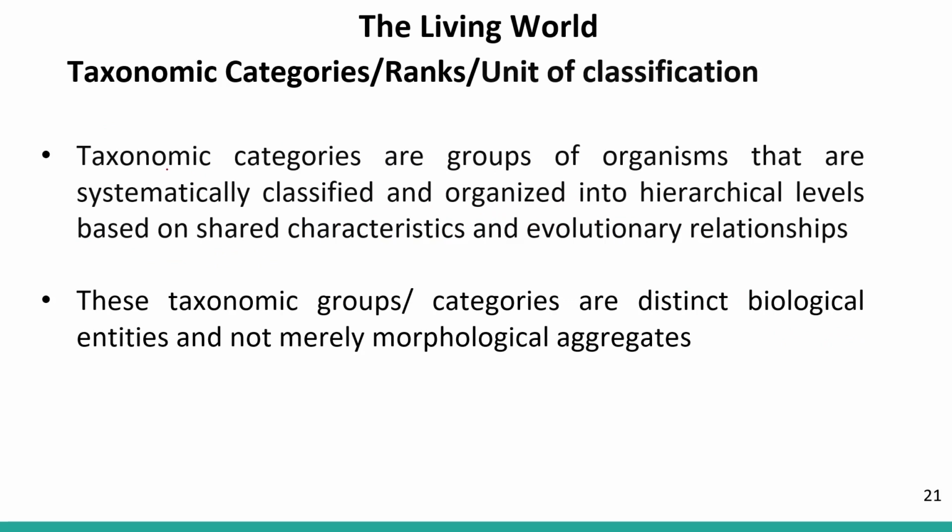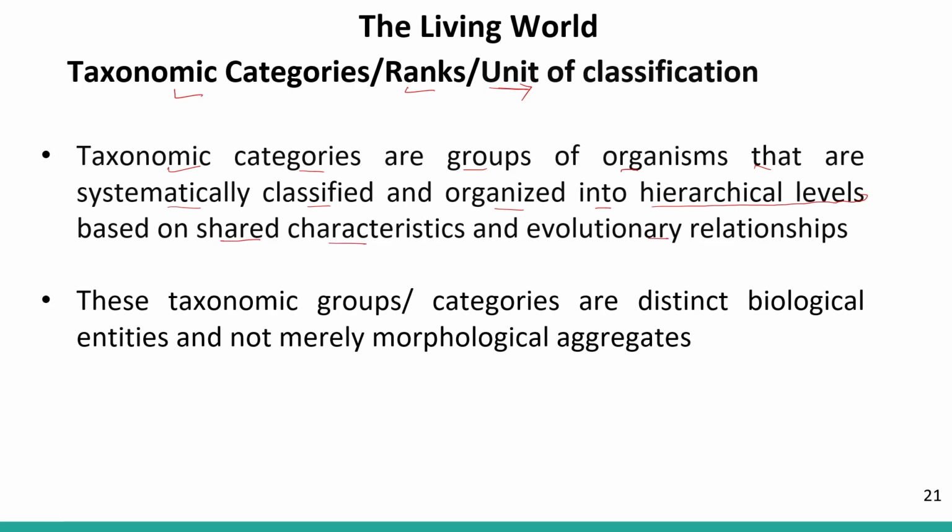Now the next term is taxonomic categories, also known as taxonomic ranks, also known as units of classification. So what is the definition of taxonomic categories? Taxonomic categories are groups of organisms that are systematically classified and organized into hierarchical levels, based on shared characteristics and evolutionary relationship.